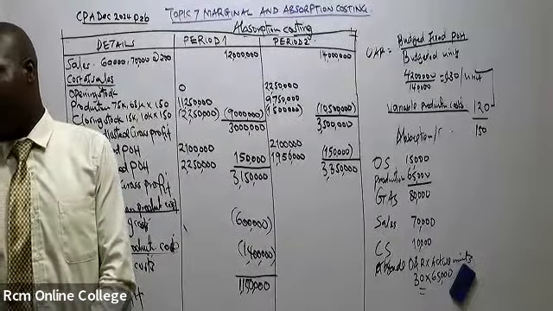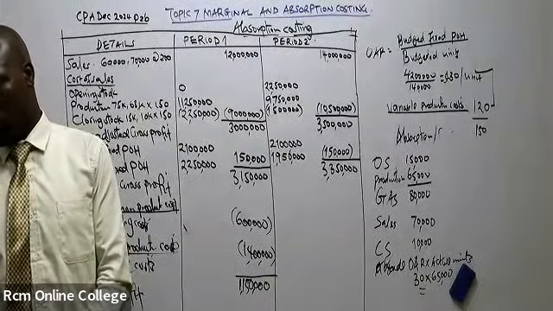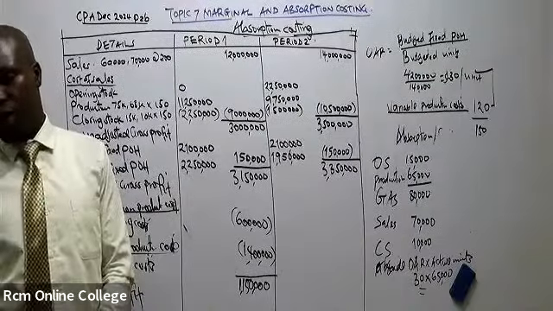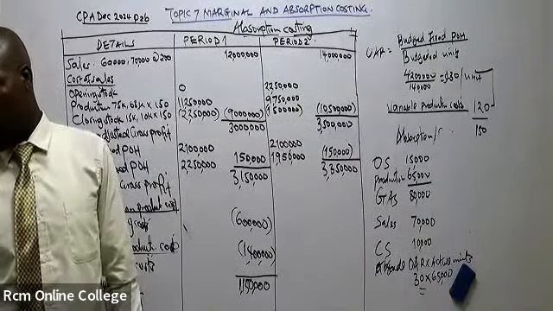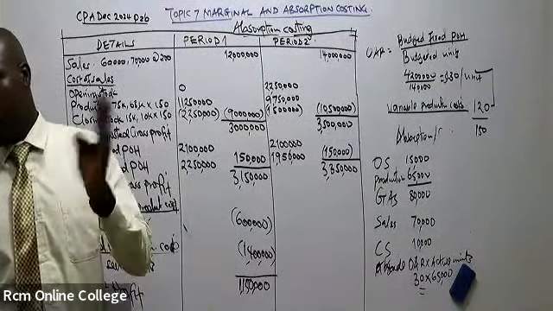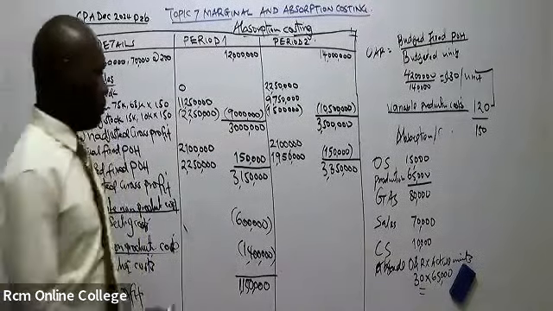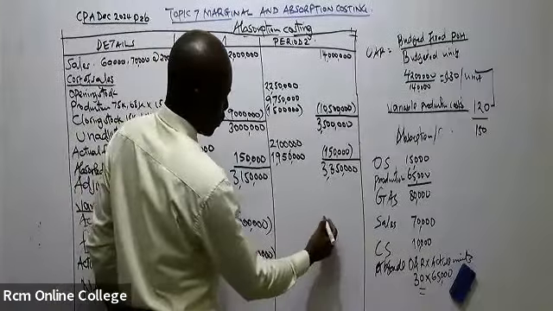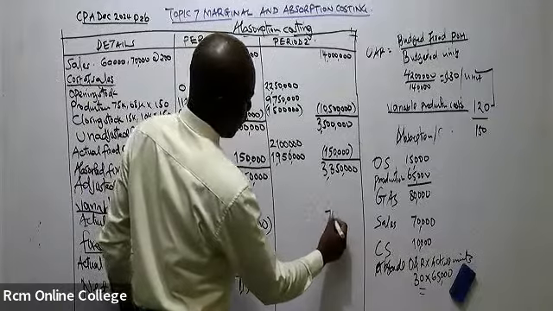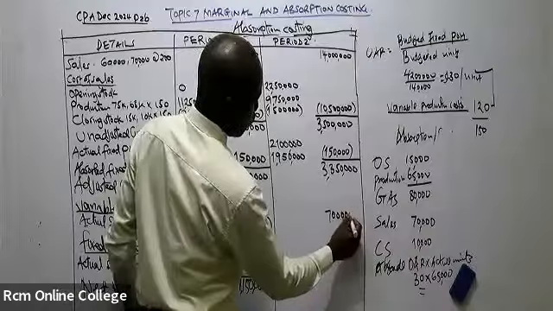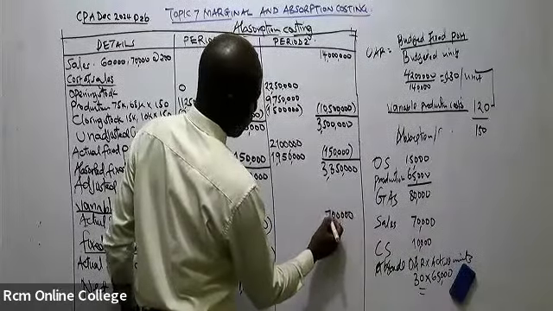So how much will we have as the variable selling costs? You take 10 shillings per unit, multiply by 70,000 to give us 700,000. I hope we are moving with majority or everyone, if possible.